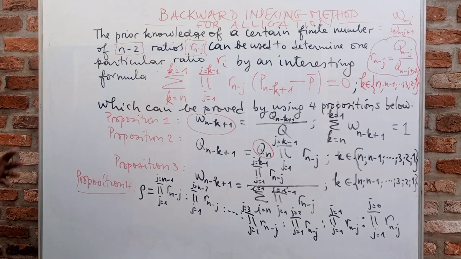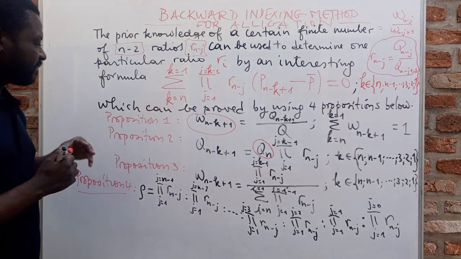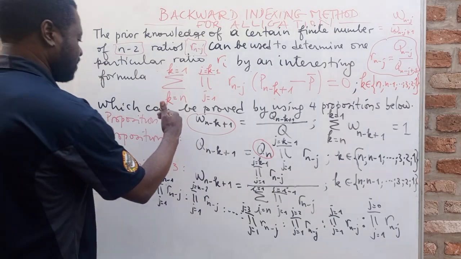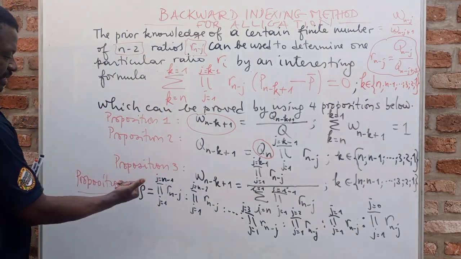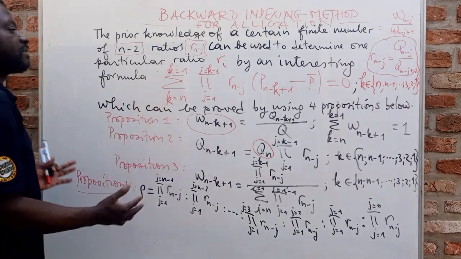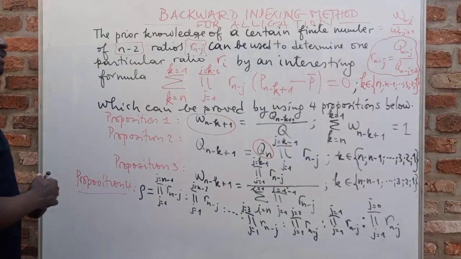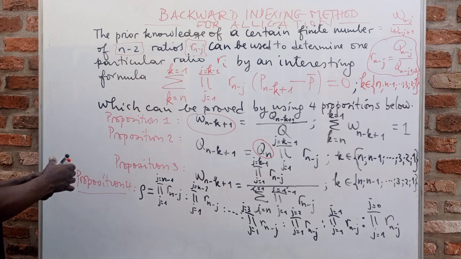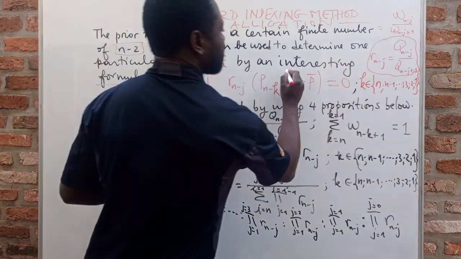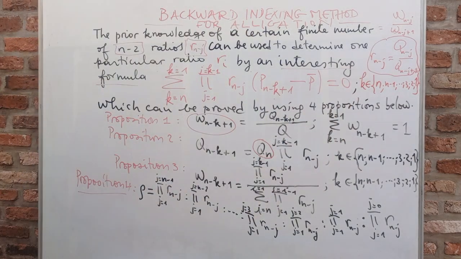Okay, so now let us read the first proposition, which together with the second, third, and fourth can be used to prove this interesting formula. We termed it the interesting formula.